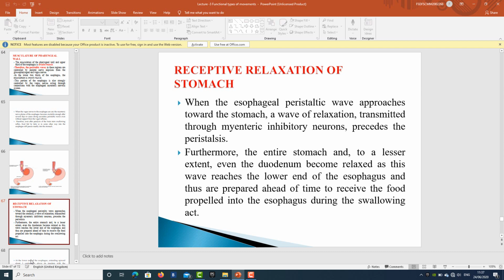Furthermore, the entire stomach and to a lesser extent even the duodenum becomes relaxed as this wave reaches the lower end of esophagus and thus are prepared ahead of time to receive the food propelled into the esophagus during the swallowing act.